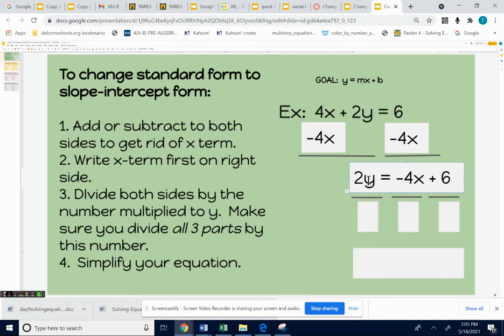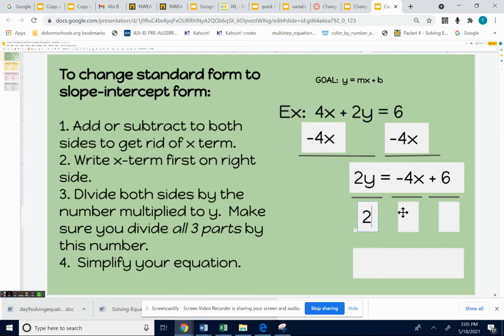Now we're going to get rid of the multiplied 2 because we want y to be alone. And y is multiplied by 2. So we're going to divide both sides by 2. Now when we divide the right side by 2, we have to divide both terms by 2. It's kind of like the distributive property.